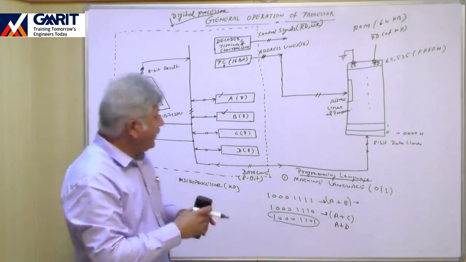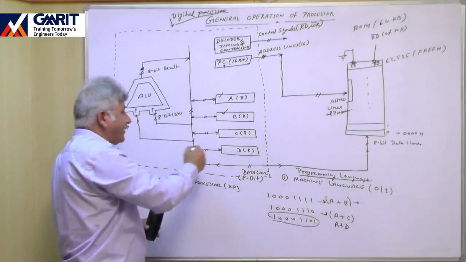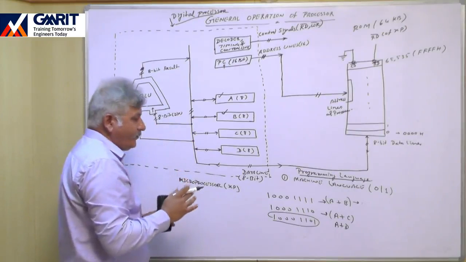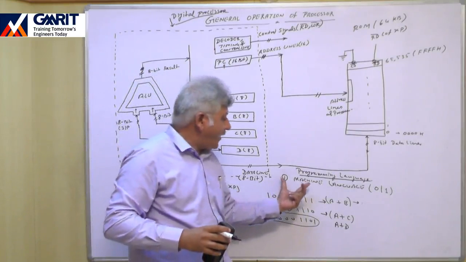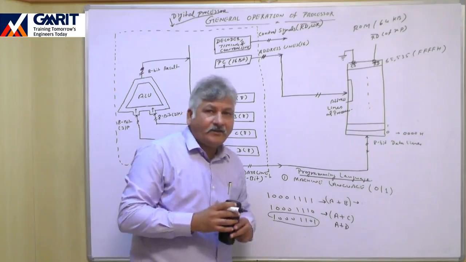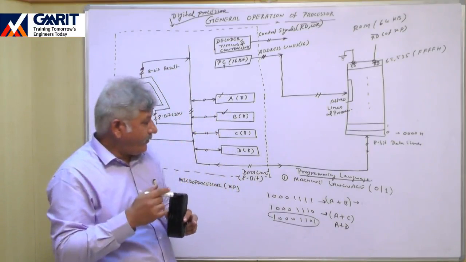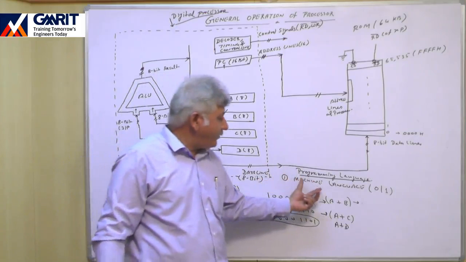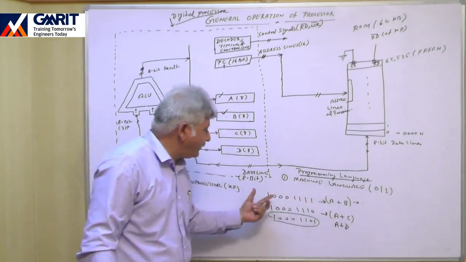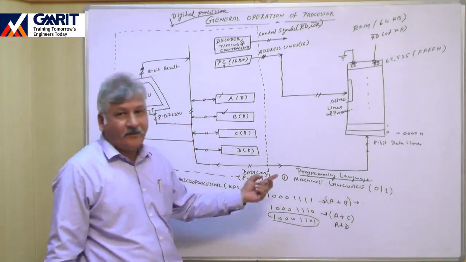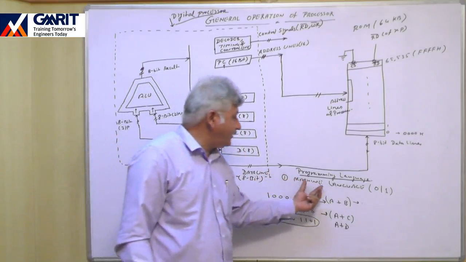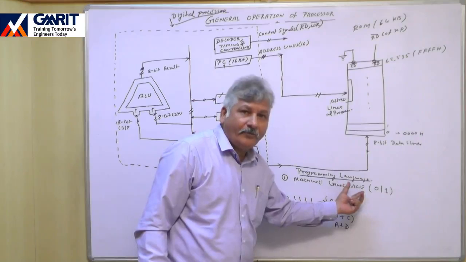So, depending upon the internal architecture of a processor, there will be a binary pattern which defines a particular operation of a processor. And when a programmer writes a program by using these binary patterns, then that program is called a machine language program.